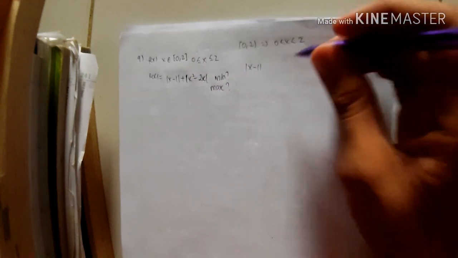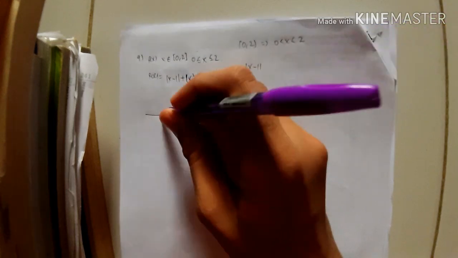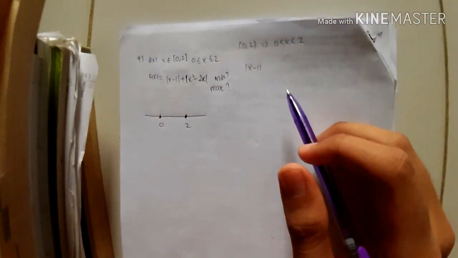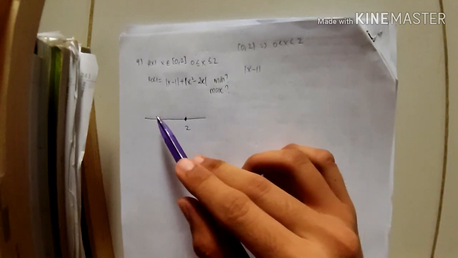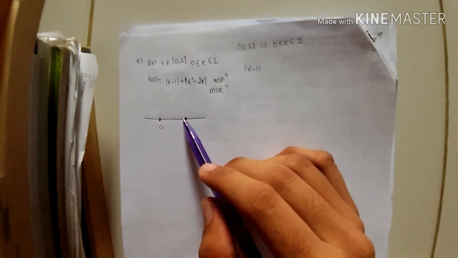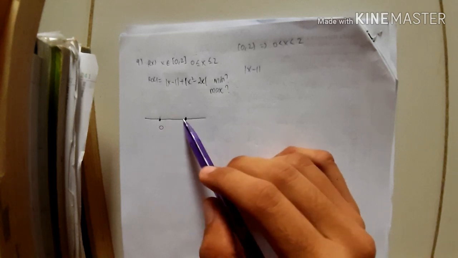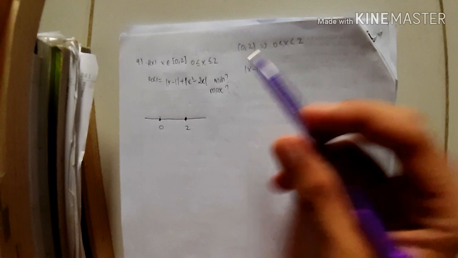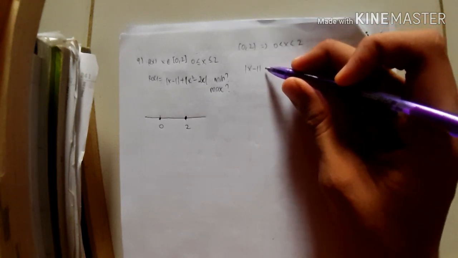Now, we have the number line just to show you when x minus 1 is positive. x minus 1 is positive when the value of x is greater than or equal to 1, right?